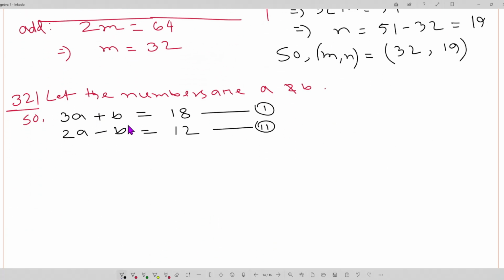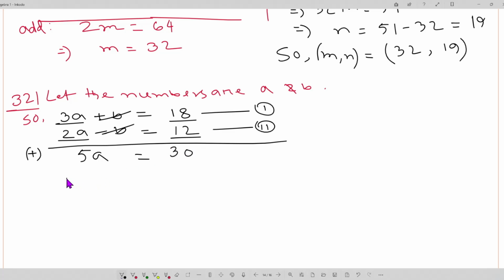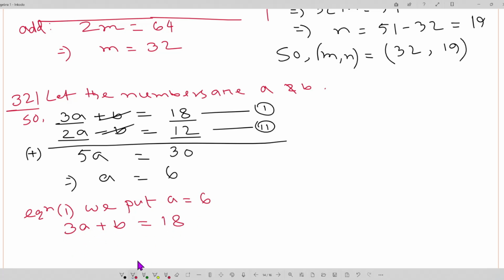So we have to find these. First we can make addition. So plus b and minus b cancel out. Here 3a and 2a make 5a equals 18 plus 12, which is 30. Now we divide both sides by 5. So a equals 6. Then in equation 1 we put a equals 6. So 3a plus b equals 18.